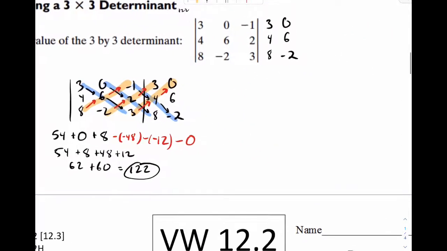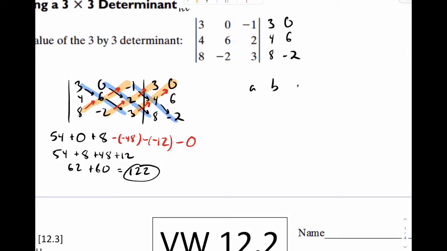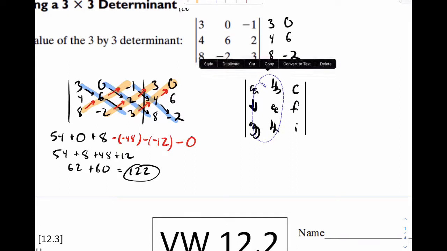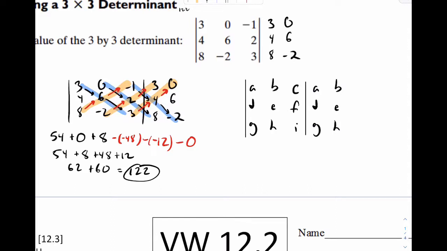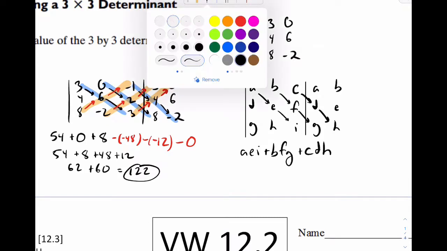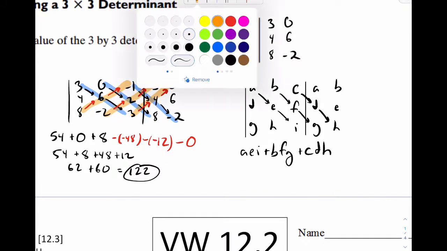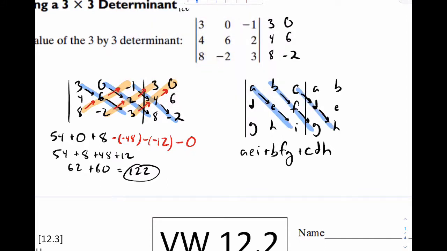So in short, if you like a formula, I'll show it to you right here. If this is our 3 by 3, again, you copy and paste these 2 columns here, like so. And then you make your downward diagonals from the top: AEI plus BFG plus CDH. And these, again, they're going down, so we keep them positive.